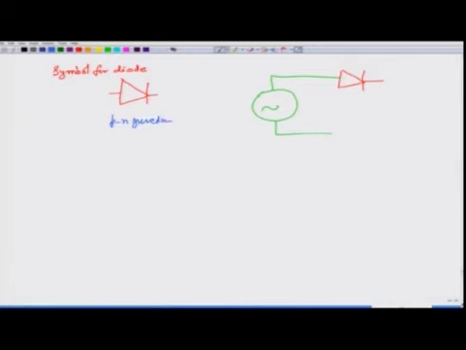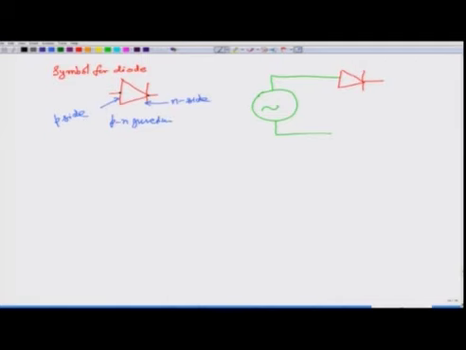This straight line represents the P side of the junction, and this line represents the N side of the junction. And these are of course the metallic contacts. This is a representation of the PN junction that we had talked about in detail.